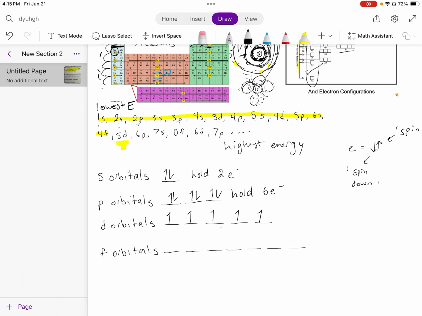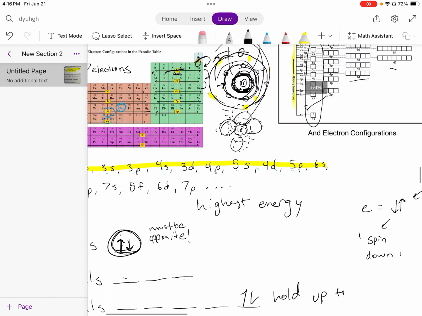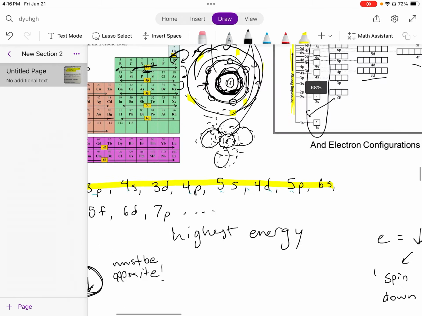D orbitals hold up to, I guess, because like we saw with sodium, it ended in the 3s but it didn't fill up the 3s. So yeah, we can say 2, 4, 6, 8, 10. So hold up to 10 electrons, and then you get to your f orbitals, and they can hold up to 14. Okay?